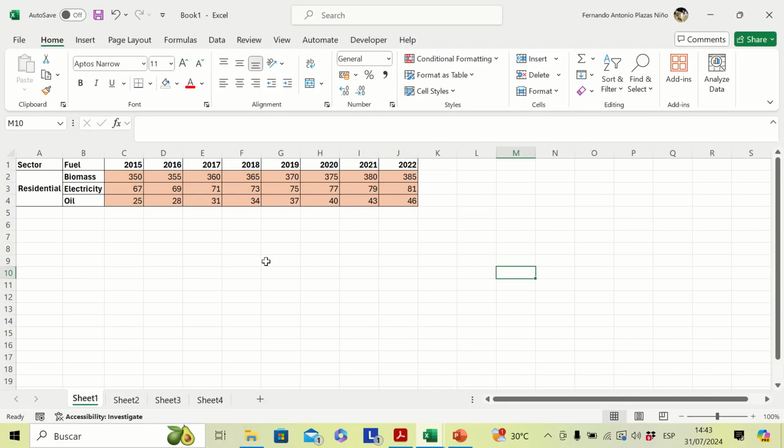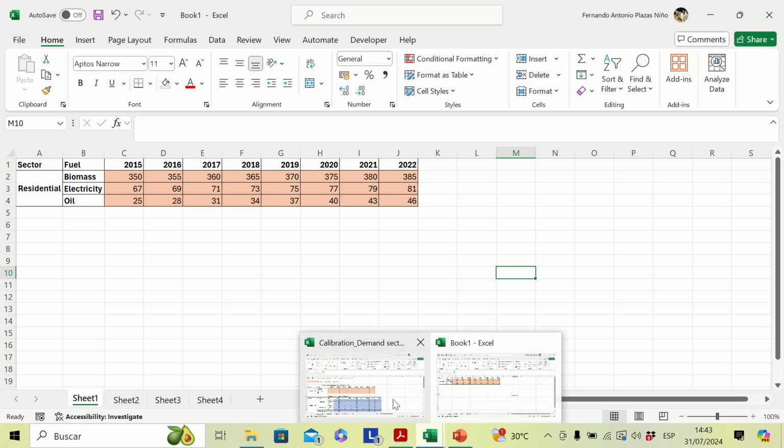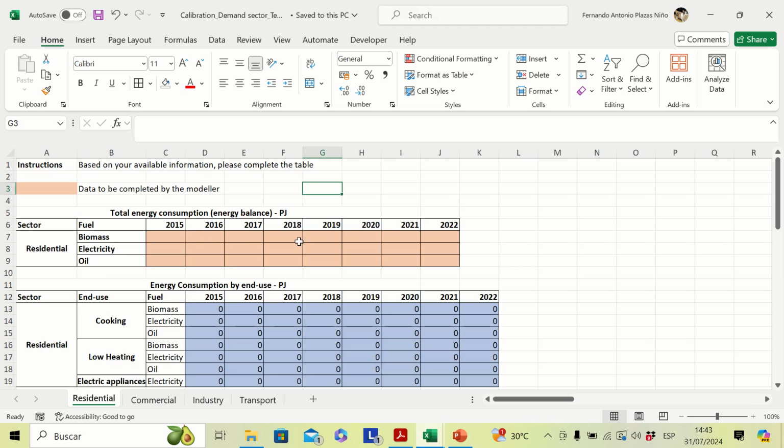In the case of residential, the second document that we need is the calibration template that is here. As you can see, the first step is about the residential sector.